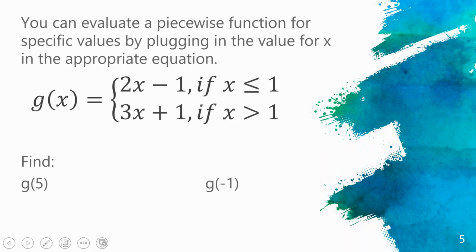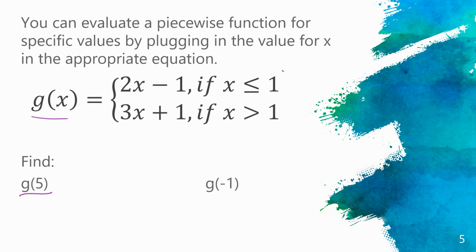You can evaluate a piecewise function for specific values, which is what we're going to do here, by simply plugging them in. It's kind of easy to do once you figure out which part you're looking at. So the first thing, this is telling me to find g of 5. So I want to find the value of 5 in the g of x function. First, I have to figure out which piece to plug it into.